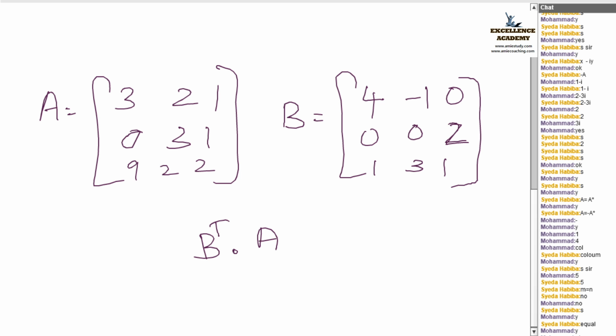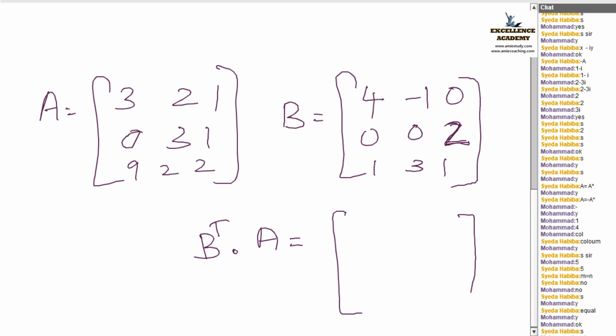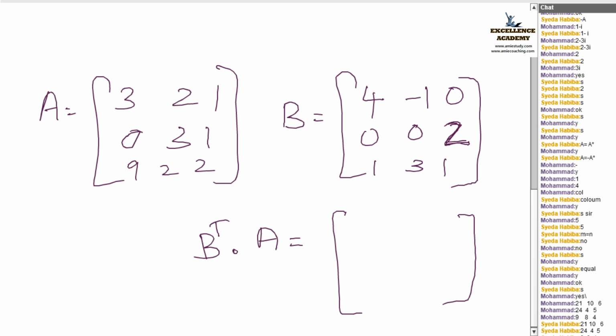Find B transpose into A. Can you do it? Okay, so you have got the answer 21, 10, 6, 24, 4, 5, 9, 8, 4.